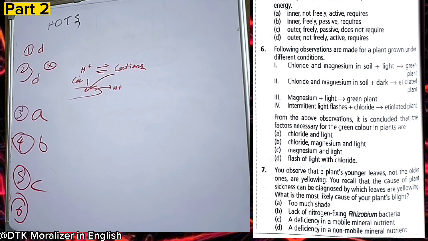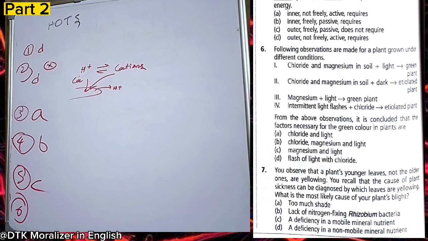For question number 6, the following observations are made for a plant grown under different conditions. Chloride and magnesium in soil plus light gives a green plant. Chloride and magnesium in soil plus dark gives etiolated plants, meaning less chlorophyll synthesis. The plant would look light yellow, light green, similar to white. Magnesium plus light gives a green plant.